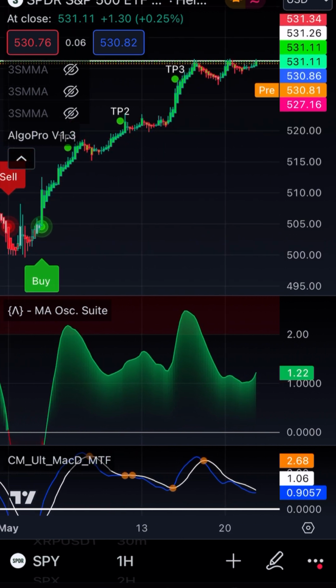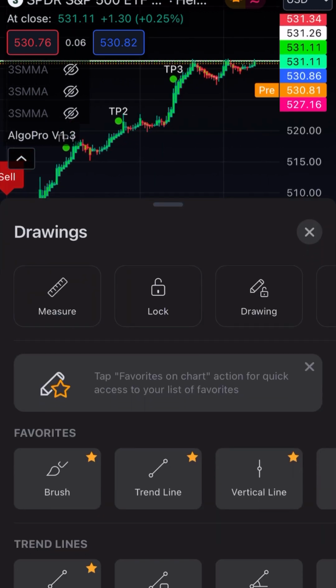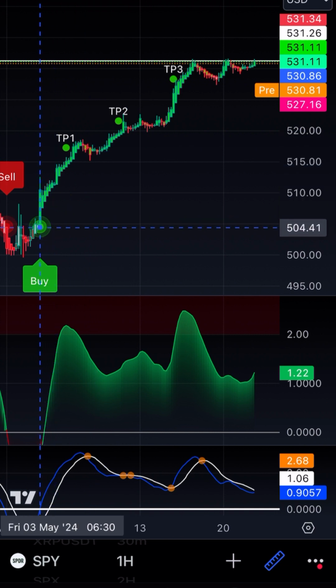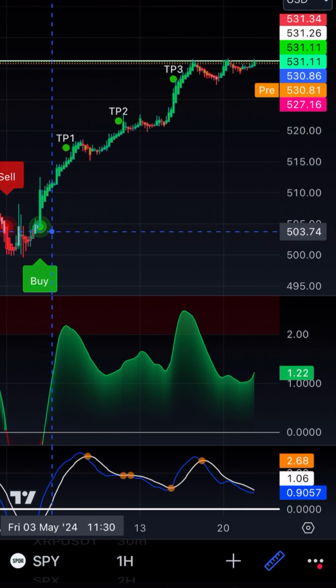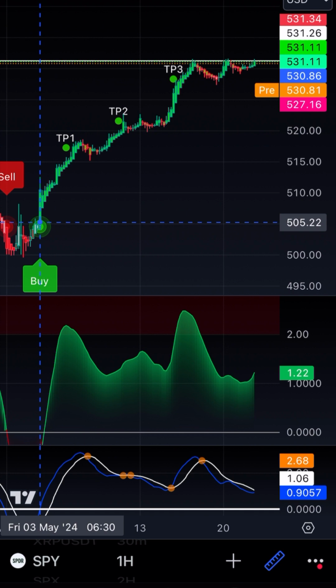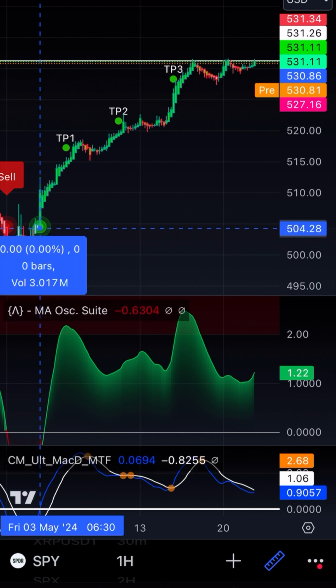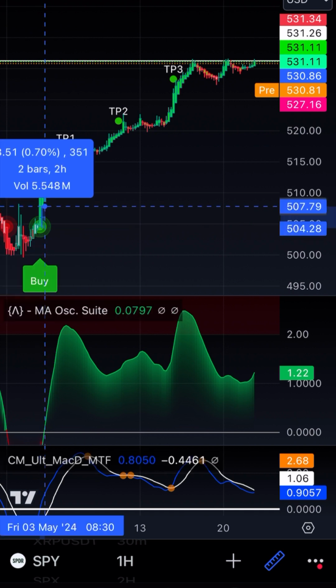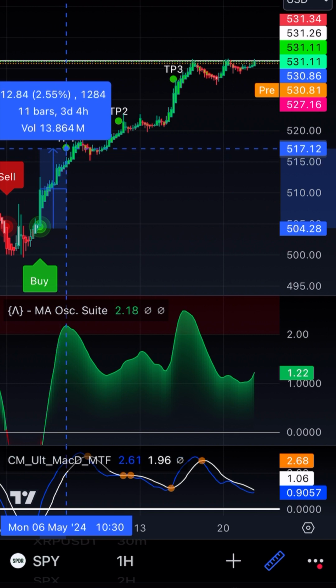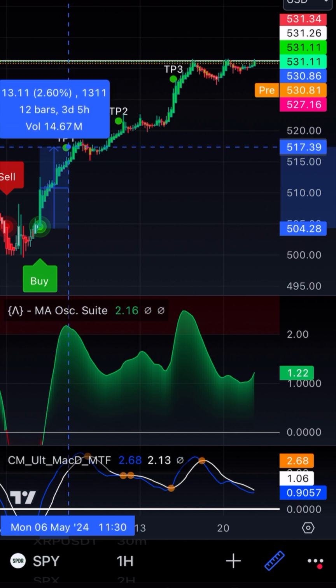The buy signal was right here. It gives you a little circle to tell you to buy. This is SPY. If we wrote this out, it's telling you to take profit right here, which, if you had a contract for 3 days, would have resulted in about $1,311.